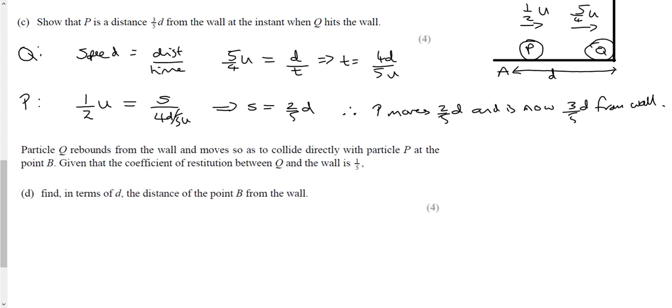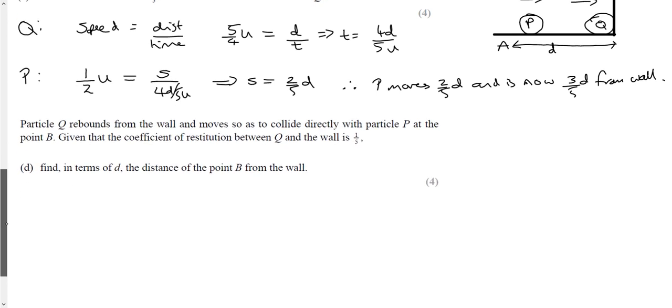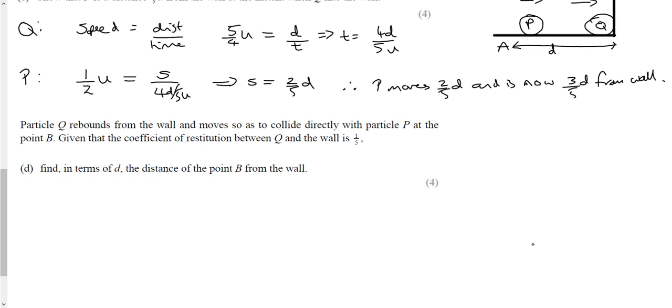So, last situation, they're now going to add in what happens when Q rebounds from the wall. So P is going to carry on moving with a half u. Q has now rebounded. I'm just going to work that out in a second.